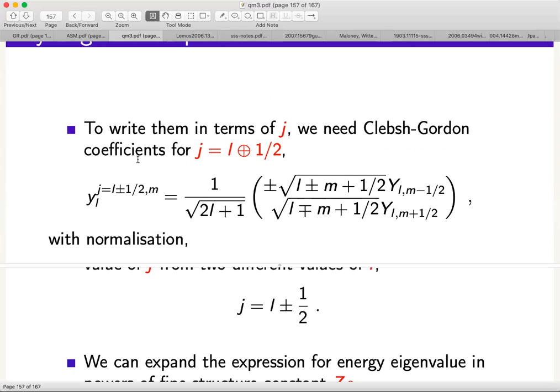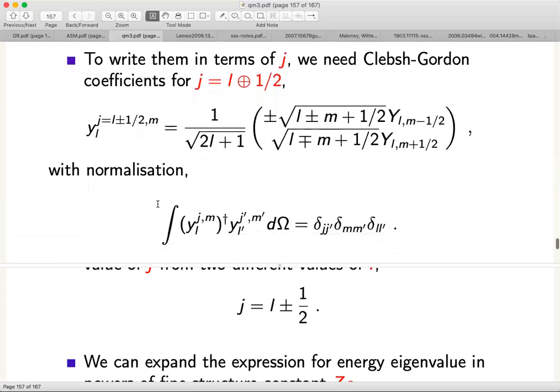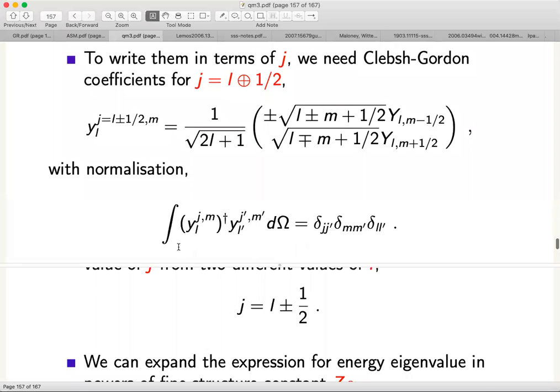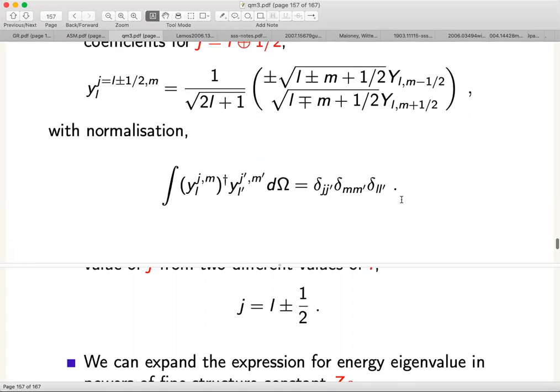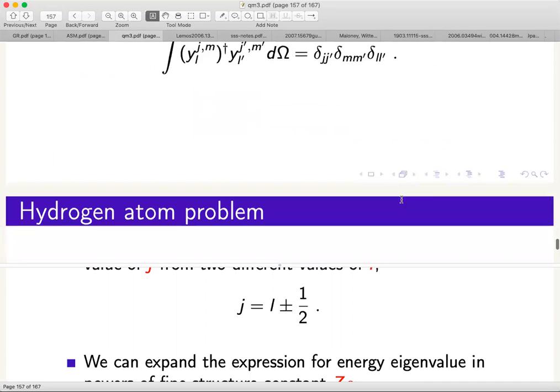You write down the wave function, which I call small y_L, and you write the upper component as capital Y_L, m minus half, and the lower component as capital Y_L, m plus half. That is the form of this wave function, with a normalization where the j, m_j, and L values have to be the same for this wave function to be normalized to 1.